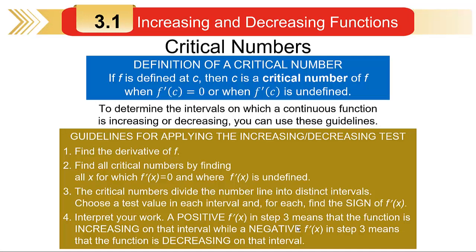So you're going to take the derivative, use the derivative to find the critical numbers, use the critical numbers to divide the number line into distinct intervals, then take test values in each interval and determine whether the derivative comes out positive or negative for those test values, and those test values determine whether the function is increasing or decreasing on those intervals. Positive derivative, increasing. Negative derivative, decreasing.